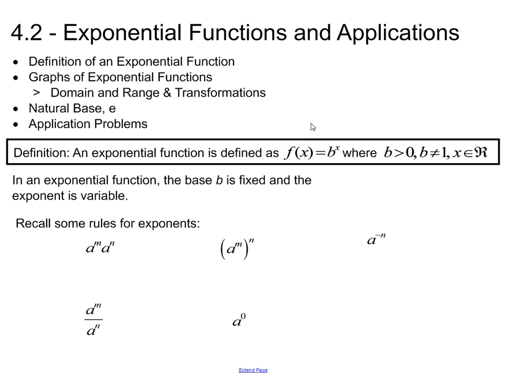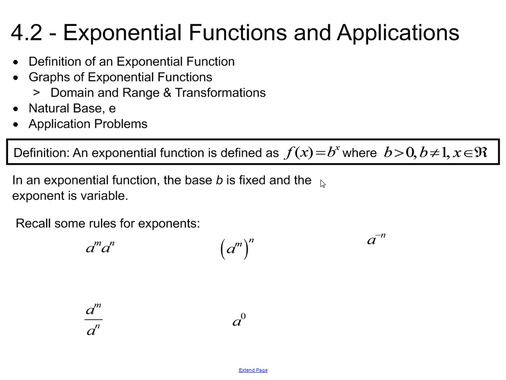One thing that we can say right now is that in the exponential function, the base b is fixed, and it's the exponent that's variable. Note, this is a little bit different than what we did the last time, where we had x as the base in our polynomials, and we had a fixed exponent for each of the terms.